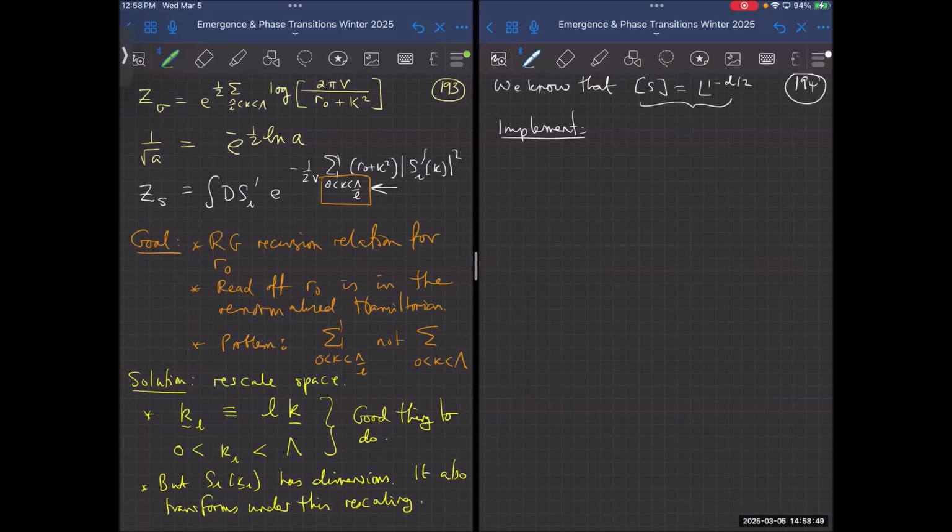What we're going to say is that when I define a new spin variable, SL, that is a function of the rescaled momentum scale KL, I'm going to say that that is related, of course it's proportional, to my original variable labeled by K, which I called SL prime of K, and there's going to be a factor that comes in there, something that does the rescaling.